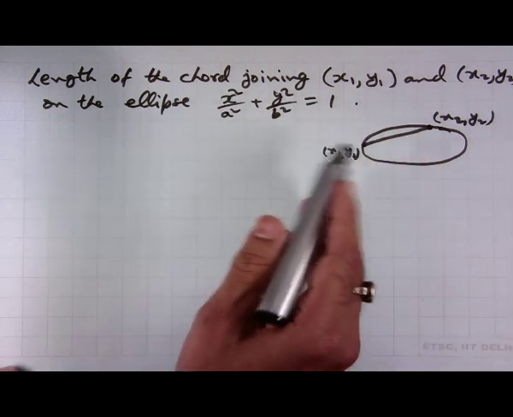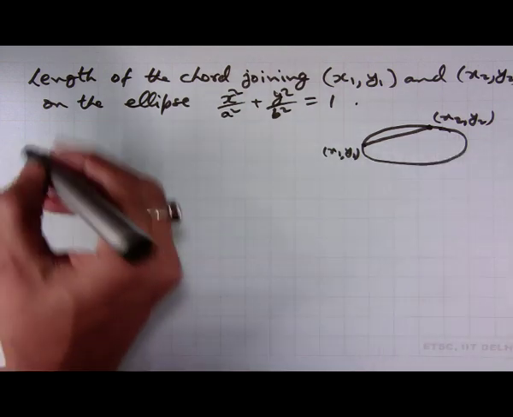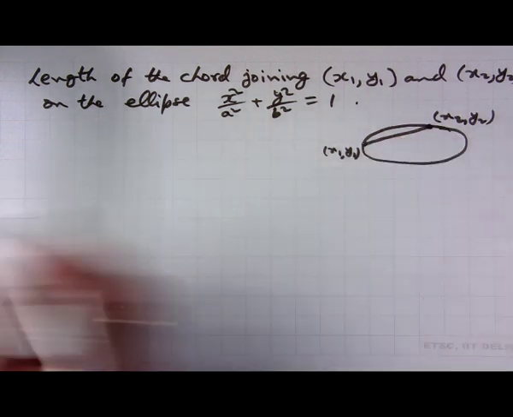What we have seen is that if we know the equation of the straight line in the form y equal to m x plus c, then the points of intersection are given by the roots of a quadratic equation.